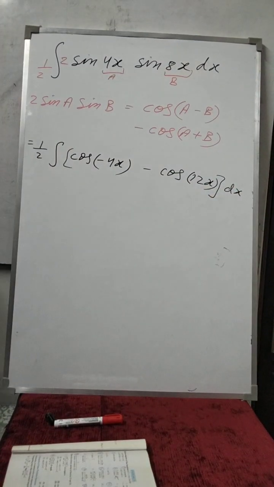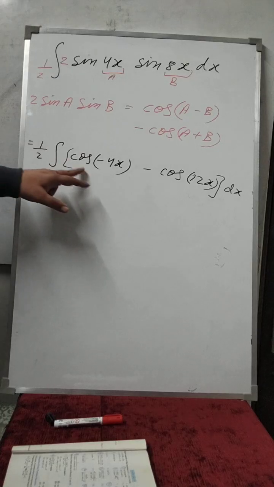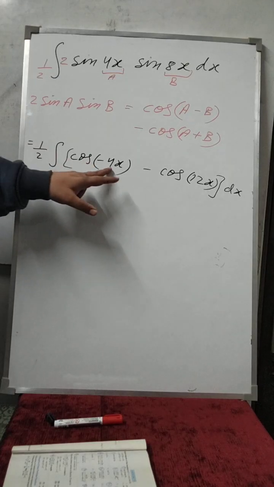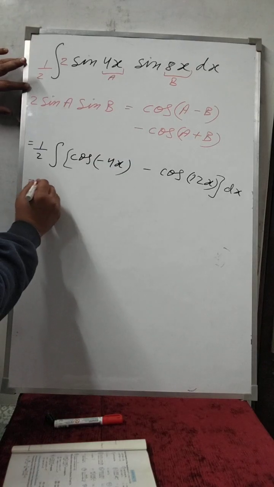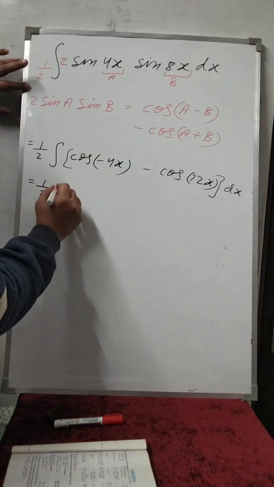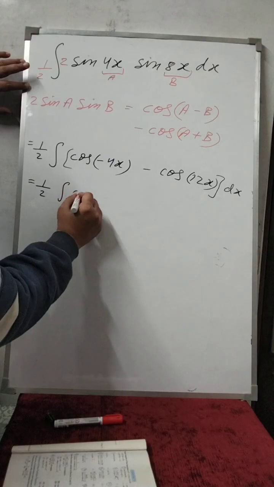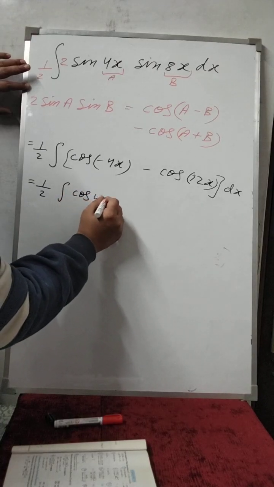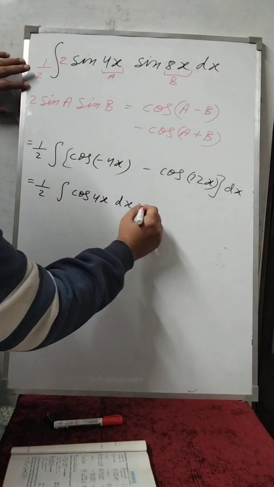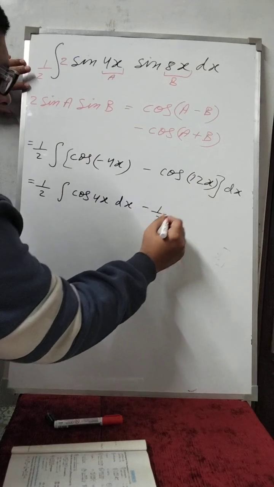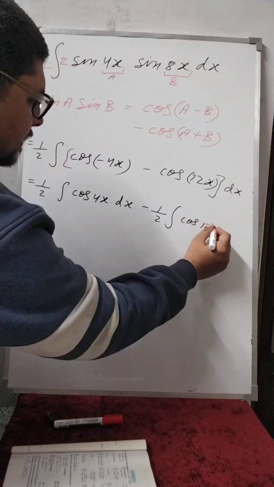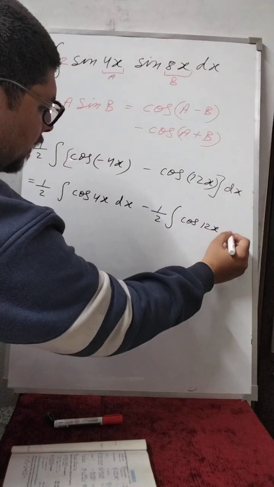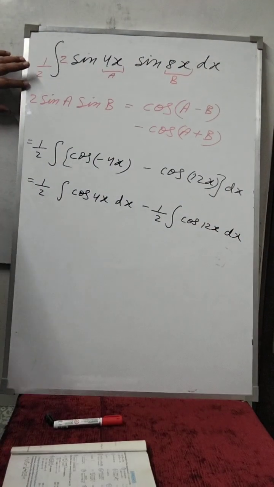What is cos of minus theta? Cos of minus theta is cos theta, so I can write this as half of integration of cos 4x dx minus half of integration of cos 12x dx.